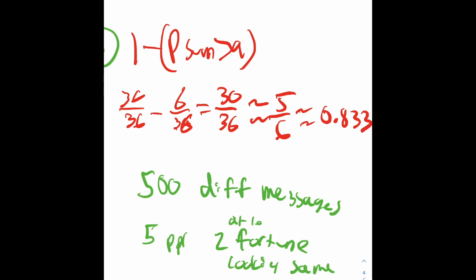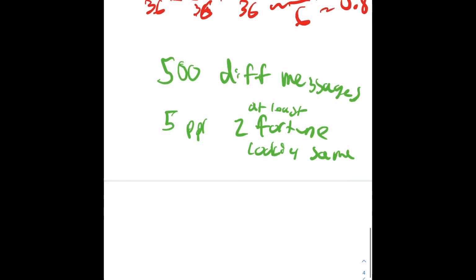We'll add the words at least. The number of ways to give the messages to 5 people. So again, the total is 500 to the 5th power. But the number of ways to give 5 different messages is 500 times 499 times 498 times 497 times 496.